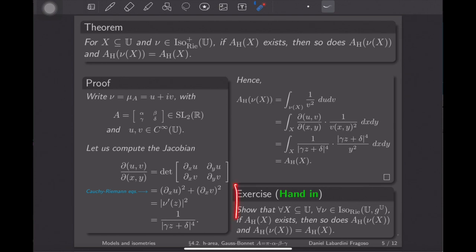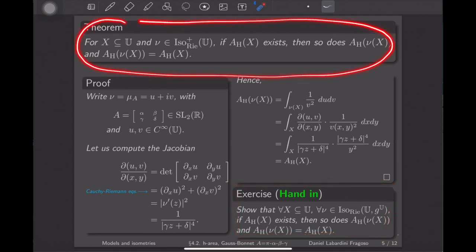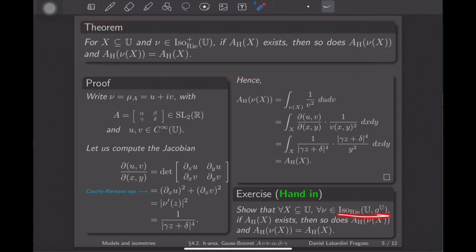This I leave as a handy exercise, and I'm going to prove the theorem only for half the isometries, namely for those that preserve the orientation. That is, for those that are of the form Mobius transformation of a matrix in SL2R. And I leave you the rest.